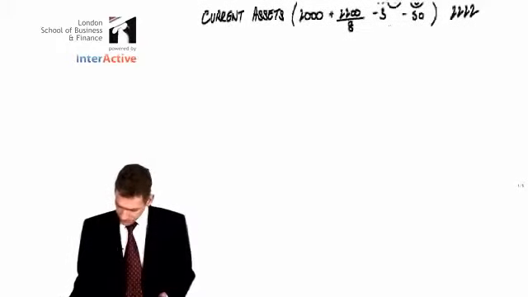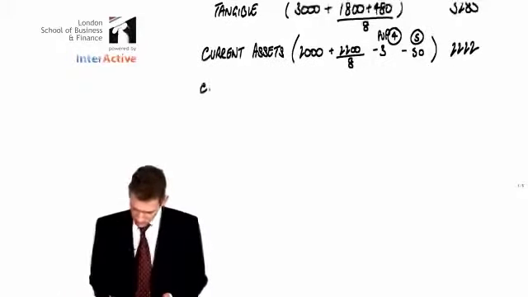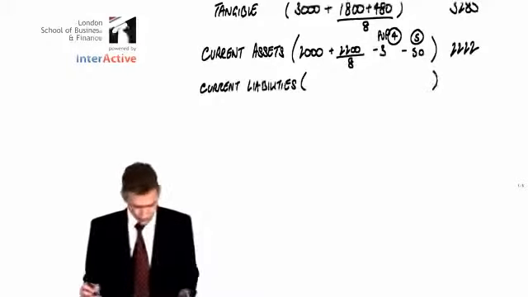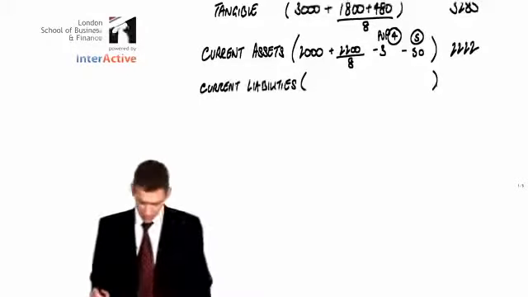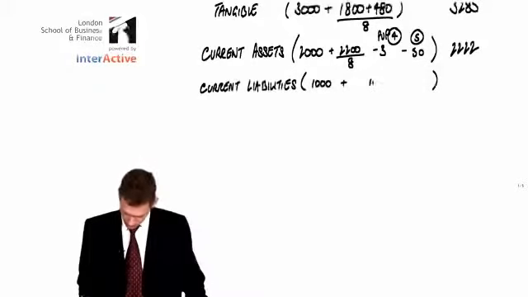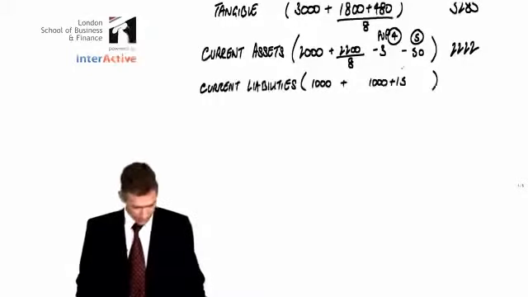Right. So now into current liabilities. $1,000 plus 1,000 plus 15.